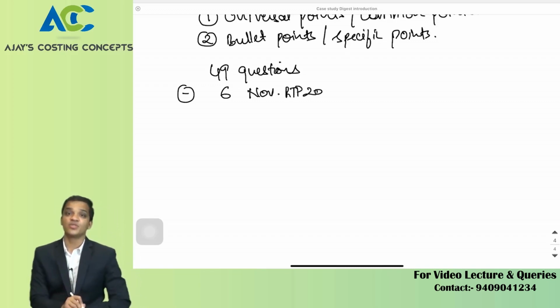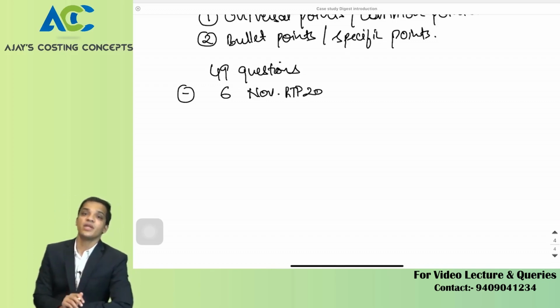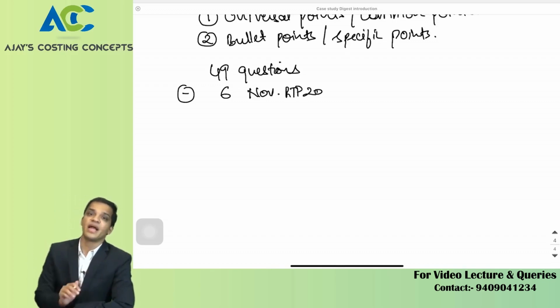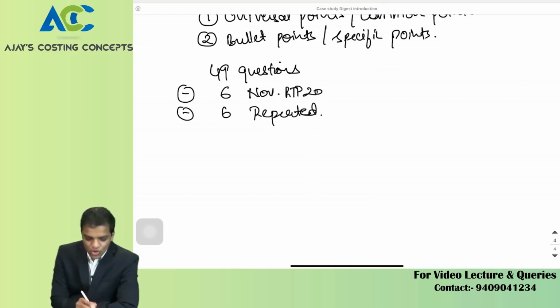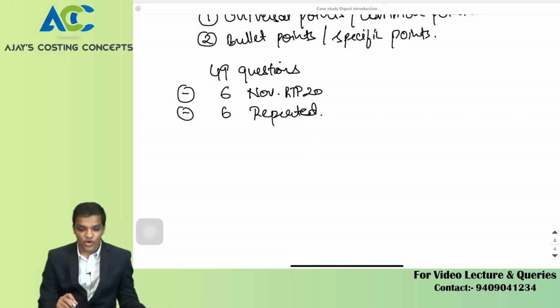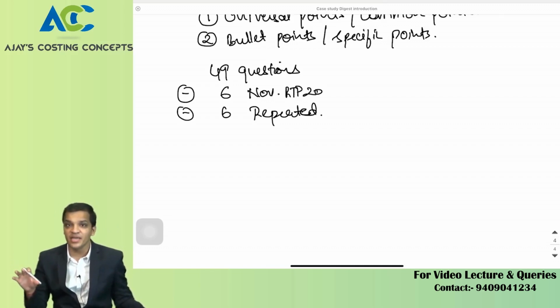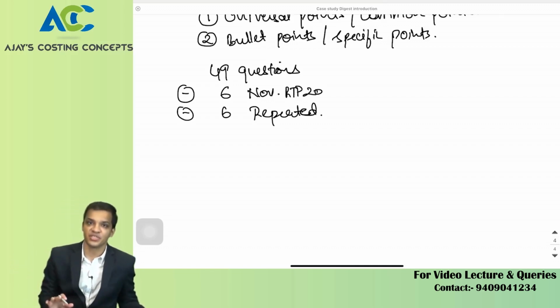There are 6 questions which are again repeated questions from your ICAI material. So if you have gone through the ICAI material, these 6 questions are repeated questions, right.